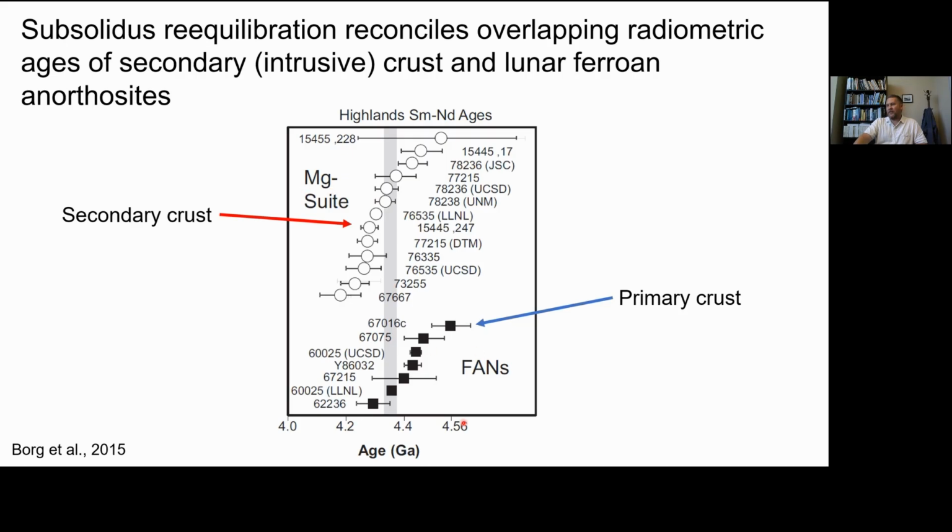The x-axis here is the age, these being older, and you see there's near complete overlap among the samples, which is impossible owing to superposition. These Mg-suite rocks formed by injection into the ferroan anorthosites. So this thermal metamorphism could reconcile these data.